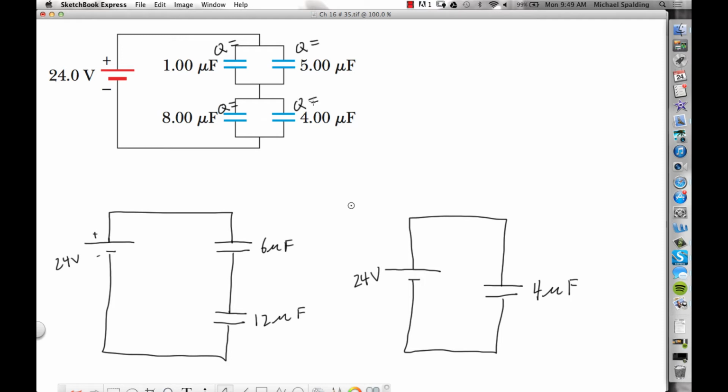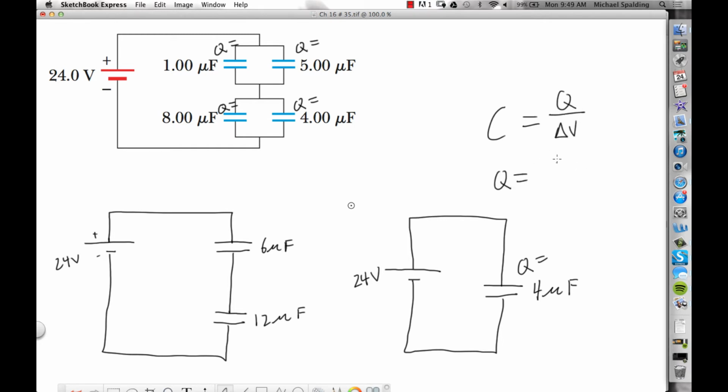So what you got to do, you're going to start at the most simplified picture. You're going to start with this picture down here and work your way back. So we can figure out the charge on this simplified diagram. Like, what's the charge on that capacitor? So we're going to use the definition for capacitance. Capacitance is charge over voltage.